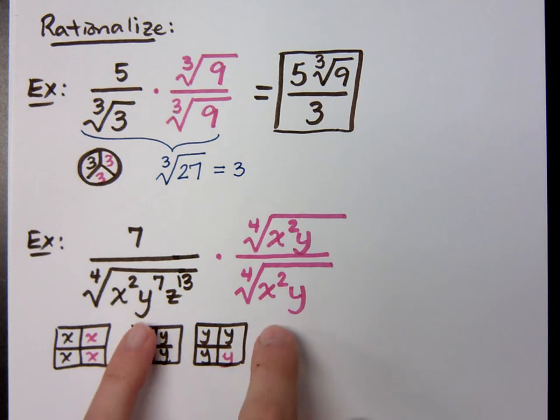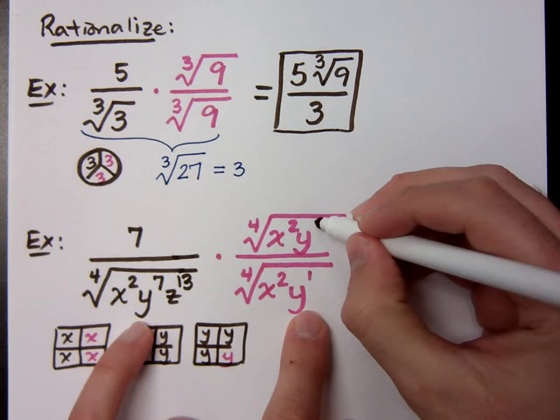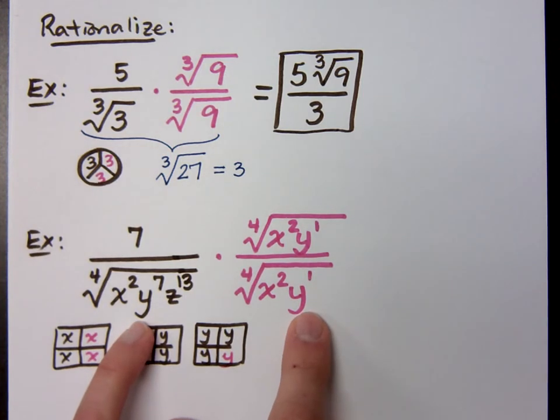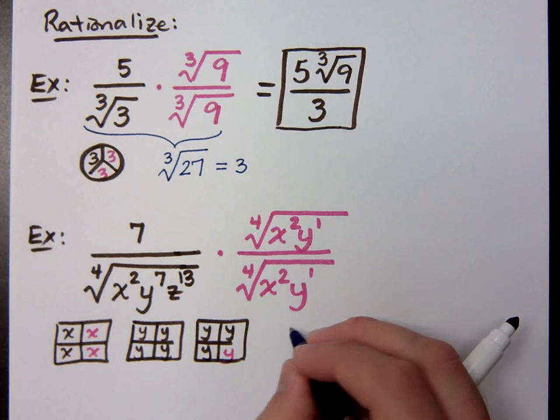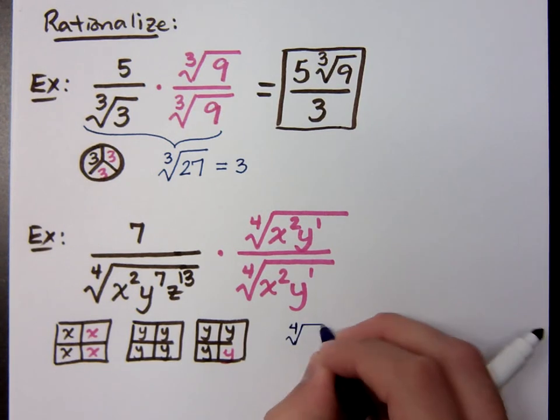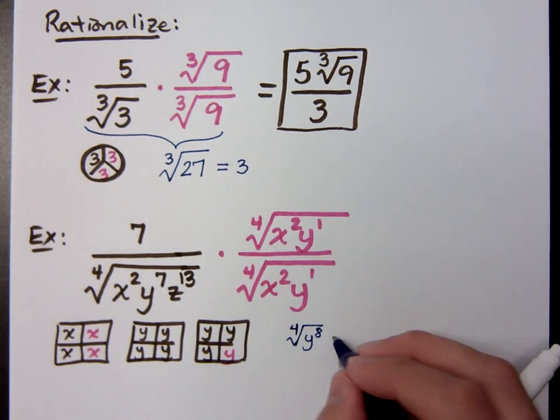Think about this. What's y to the 7th times y? It's y to the 8th, right? With those properties of exponents that we've talked about before. I'll put a 1 here. Maybe that'll make things a bit more clear. That's y to the 8th. If you do the 4th root of y to the 8th, think about what that would look like. Isn't that guy nice and clean? What does he give you?